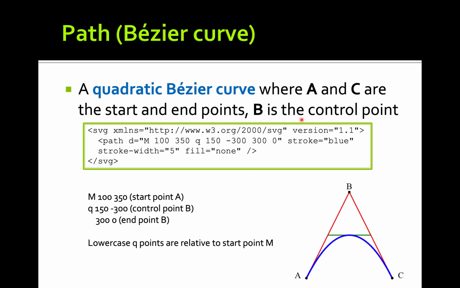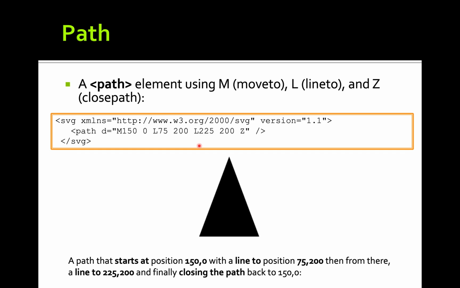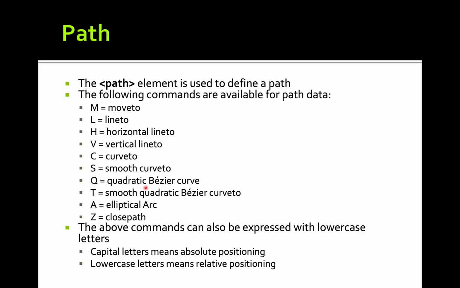So we have start and end points, and B is the control point. Here we have a path with this information. We move to the point 100, 350, that is the point A. Then we use Q, a quadratic Bézier curve.